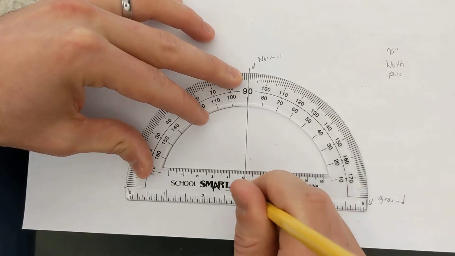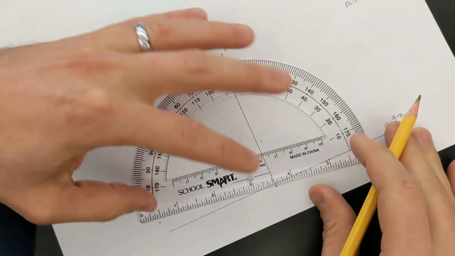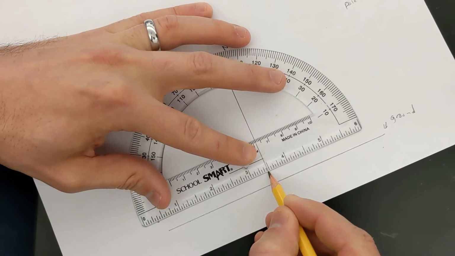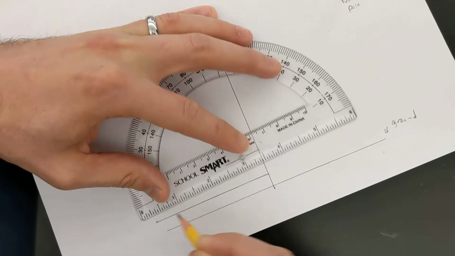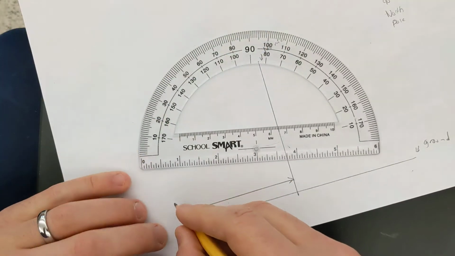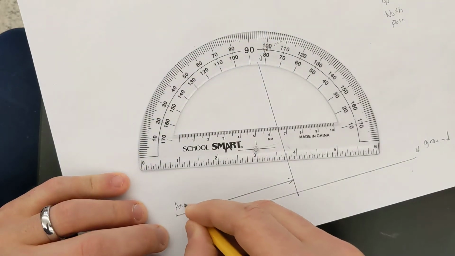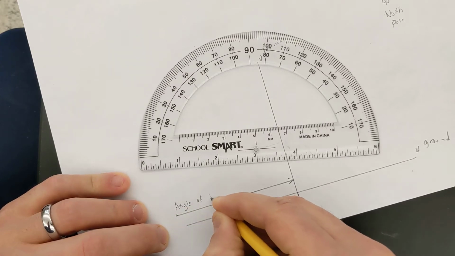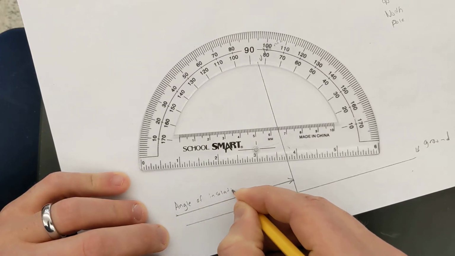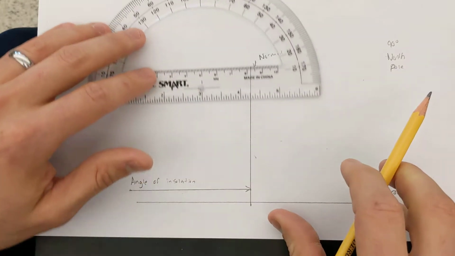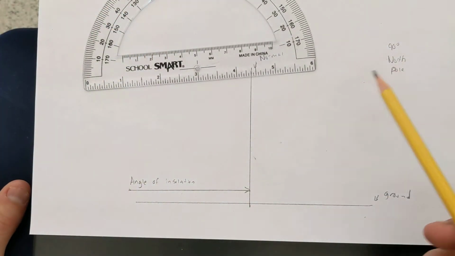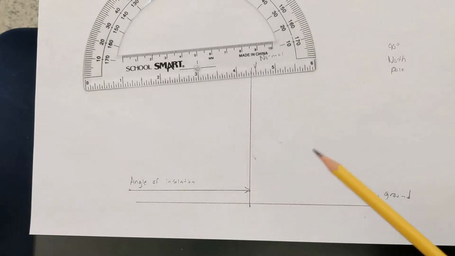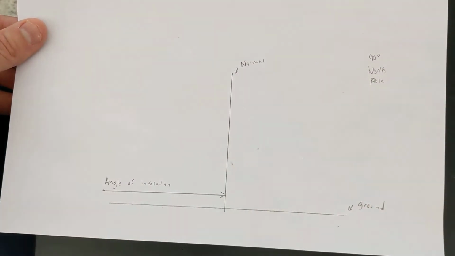There we go. I'm going to mark right here on that point, and then connect this dot to that dot, and draw an arrow, and I'll say angle of insulation. So we would say on equinox, 90 degrees north receives a 90 degree angle of insulation. It's 90 degrees to our angle that we call the normal line.